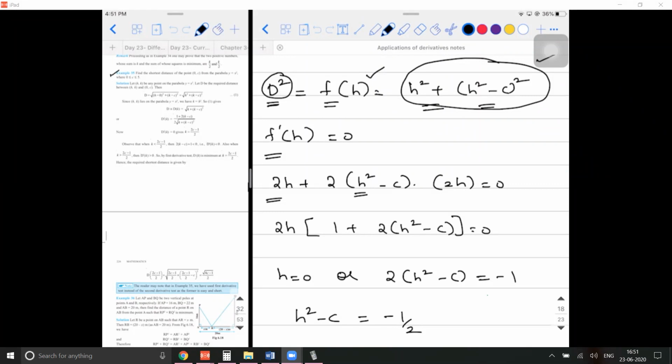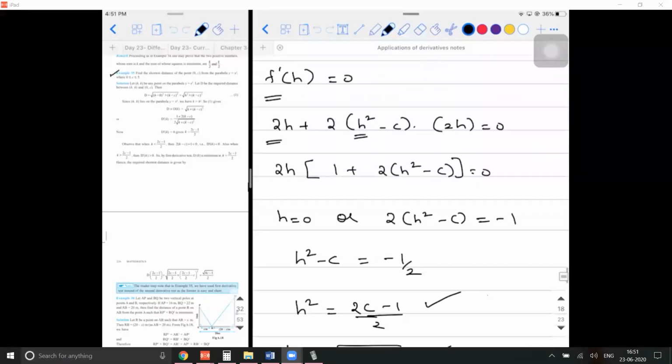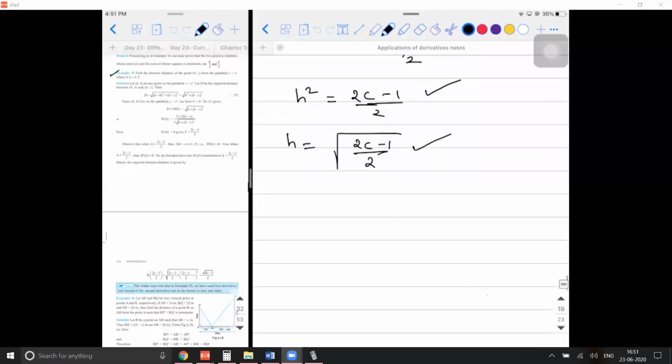Then f double dash of h, is it coming out to be positive or negative? Is it tough?